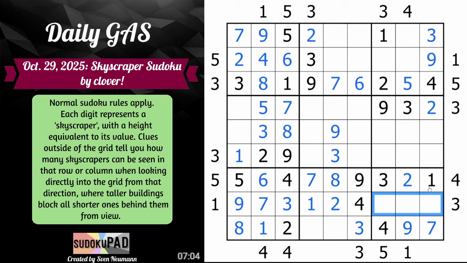Actually, can we do that? We know this can't be 8, right? If this is 5, this would be 8, this would be 6, because you can only have 3 skyscrapers. Yeah, this is interesting. I don't think we can resolve it quite yet, but we'll come back to this and we'll have some better insight for it.